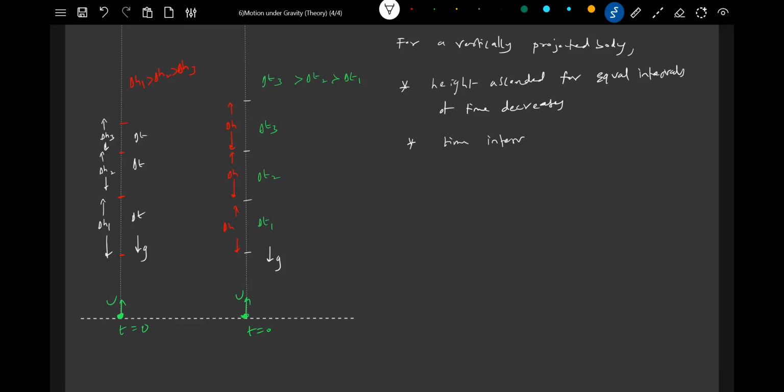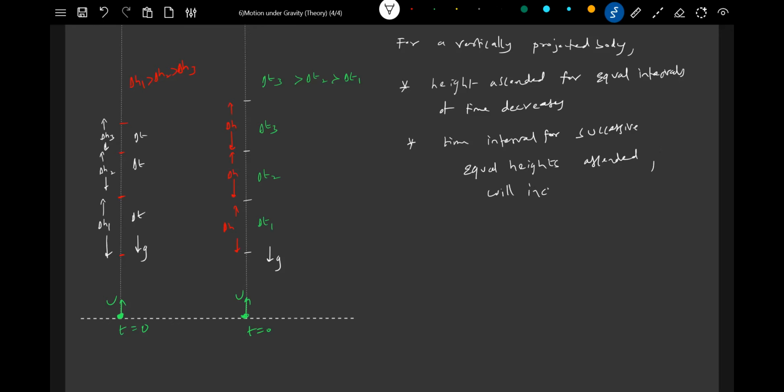Next again, the time interval for successive equal heights ascended will increase.